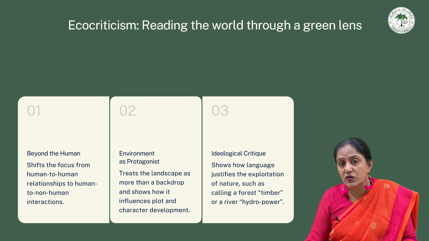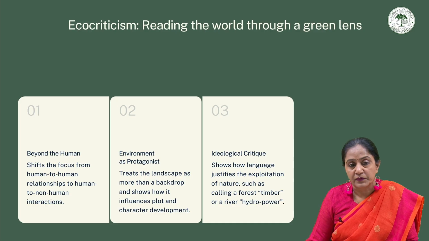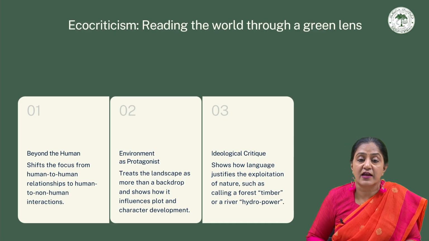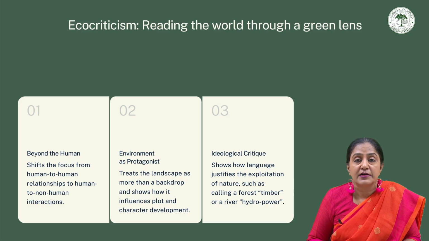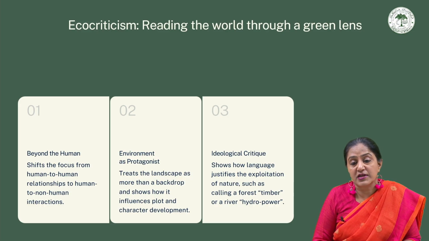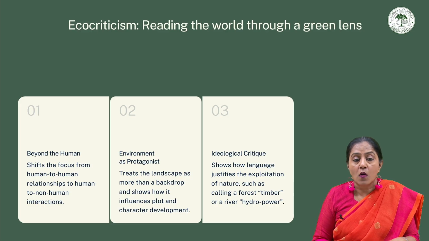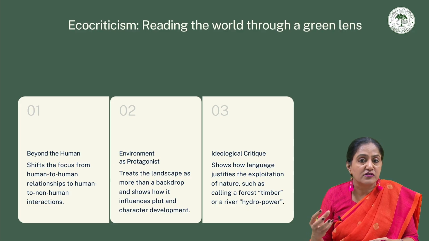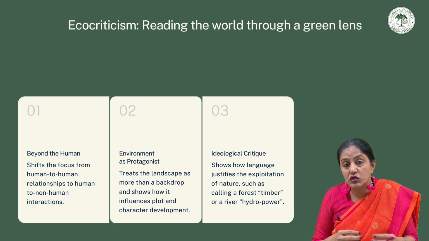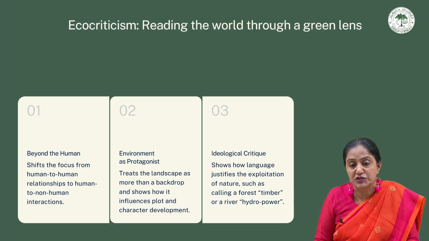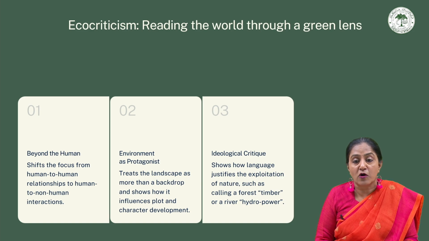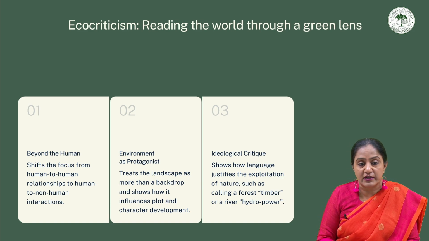Eco-criticism also investigates language. Language is never neutral. When forests are described as timber reserves, rivers are described as water resources, or animals as stocks, particular assumptions become normalized. Language can either obscure or reveal ecological relationships. An important contribution comes from Rob Nixon's concept of slow violence.